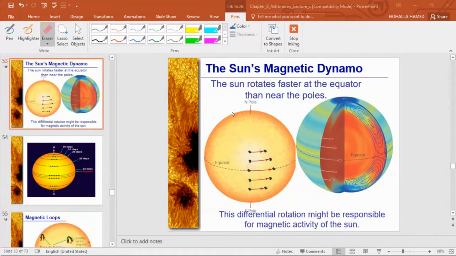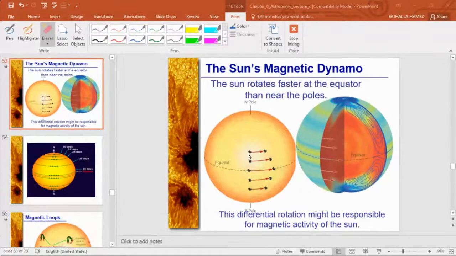And we stopped here where we wanted to look at the magnetic field of the sun. So now, if we look here at the sun, we have something that we call differential rotation. In differential rotation, the sun is made of gases, and the sun is rotating as well.